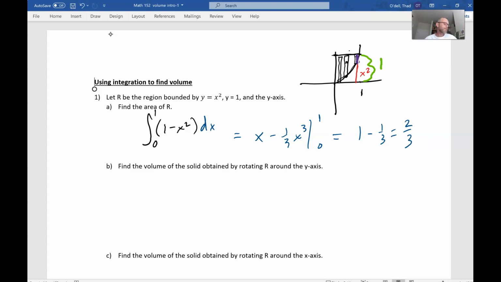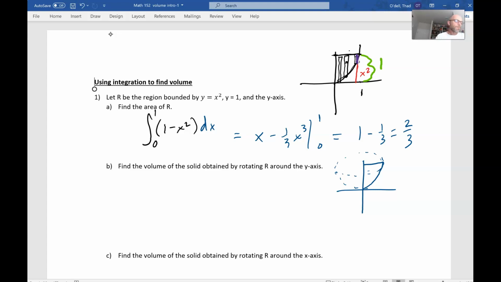Okay, so now the next step is find the volume of the solid obtained by rotating R around the y-axis. So I have that same region, R, and I'm going to rotate it around the y-axis. It looks like it'll be like the tip of a bullet.